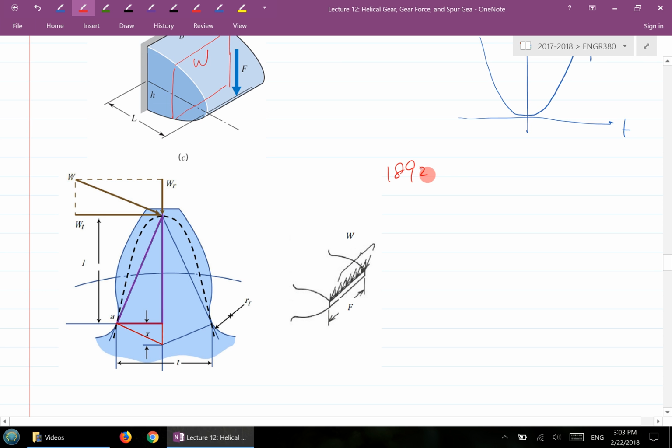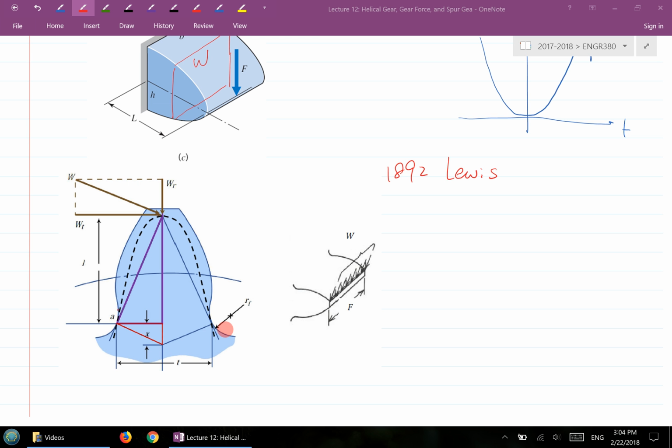So in 1892, this Lewis, I'm not sure what his last name is, he actually discovered that within a gear tooth, you can inscribe a constant strength parabola.